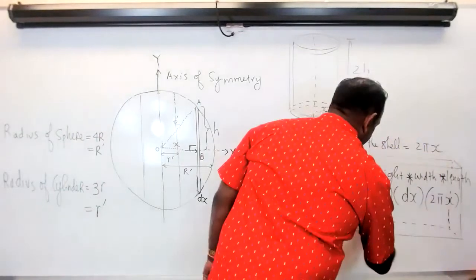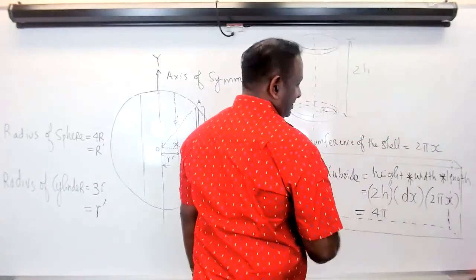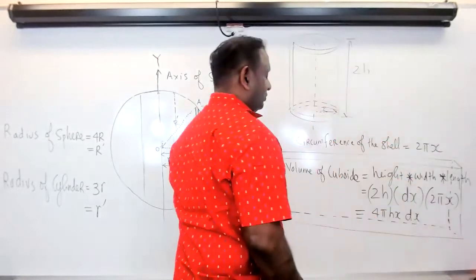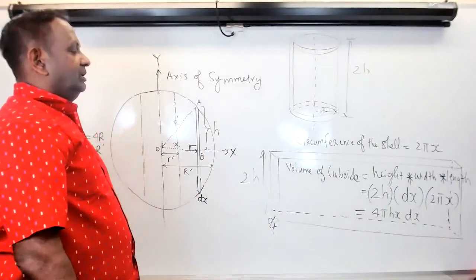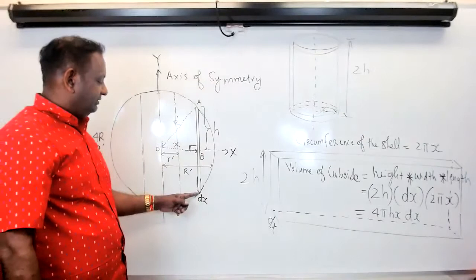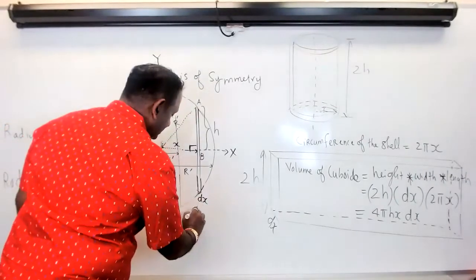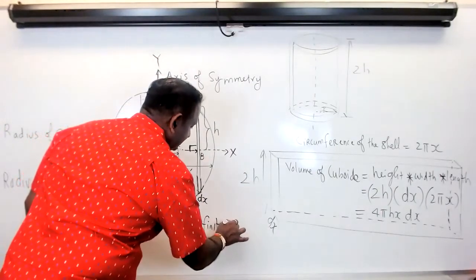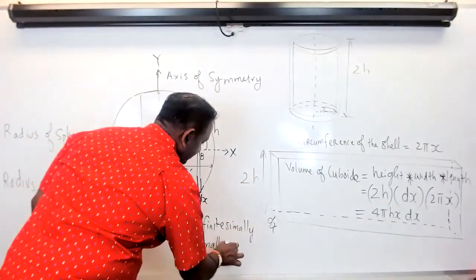If you rearrange this, it's 4 pi h x dx, where dx is an infinitesimally small amount.